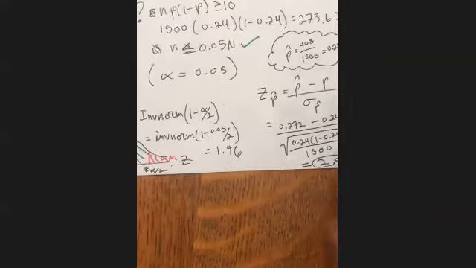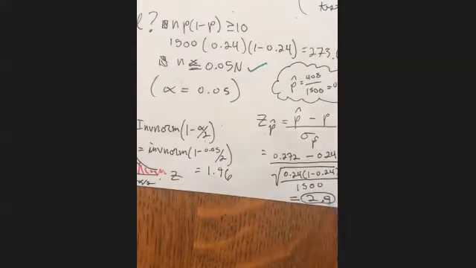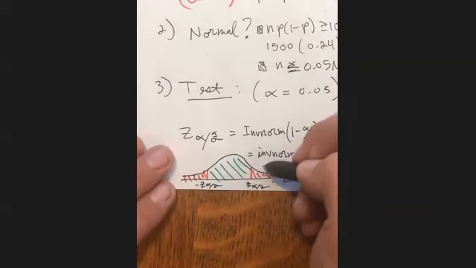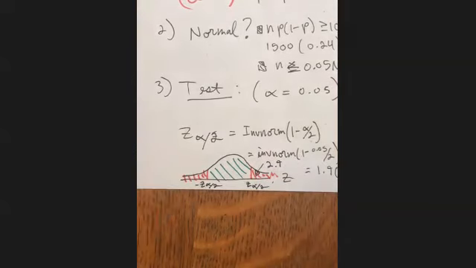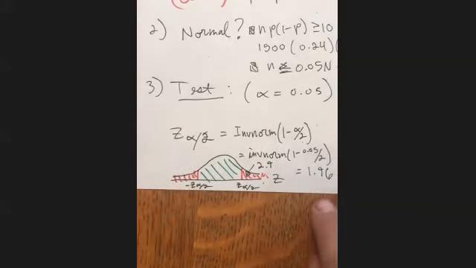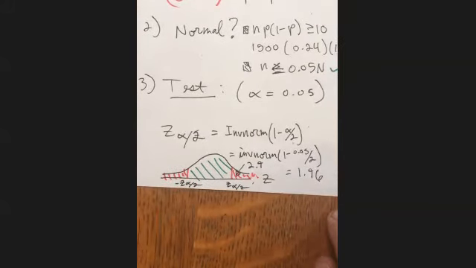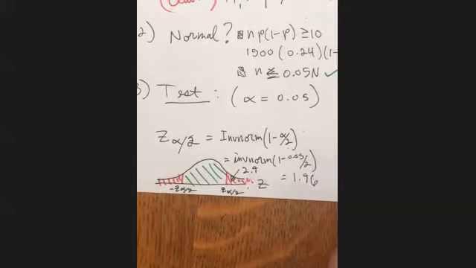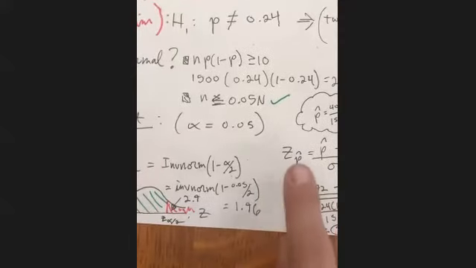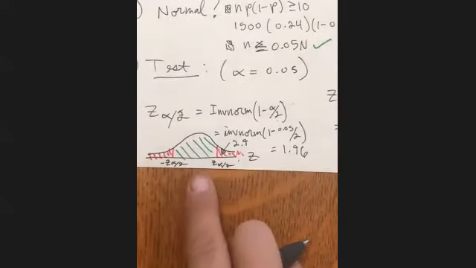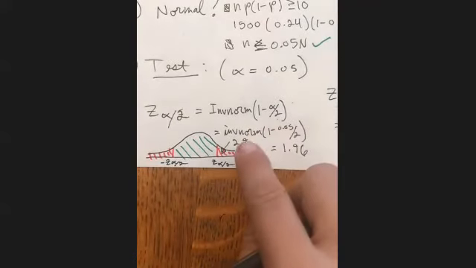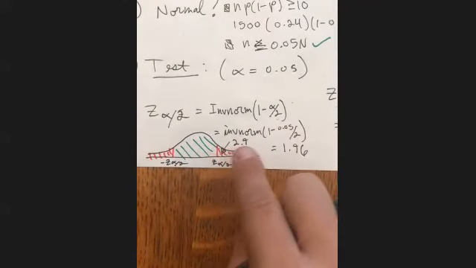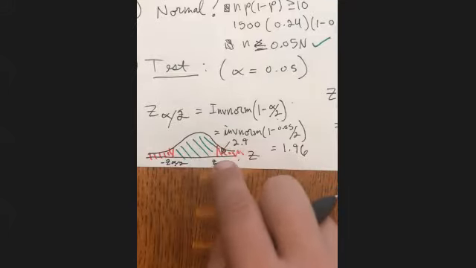So 2.9 falls decidedly over here in the right tail. That's in the rejection region. Based on the comparison between the Z alpha over 2 value and the ZP value, the test statistic versus the critical value, we are going to reject the null hypothesis because the test statistic 2.9 falls within one of the rejection regions.